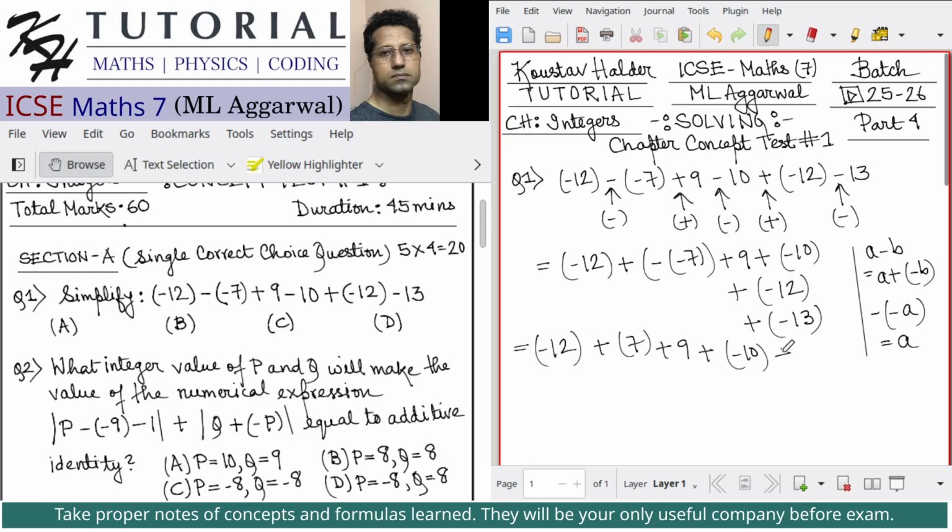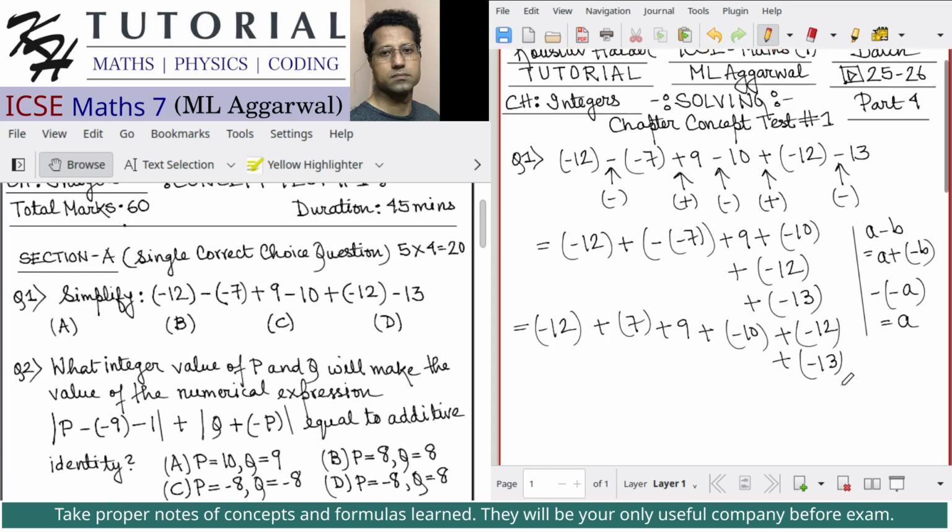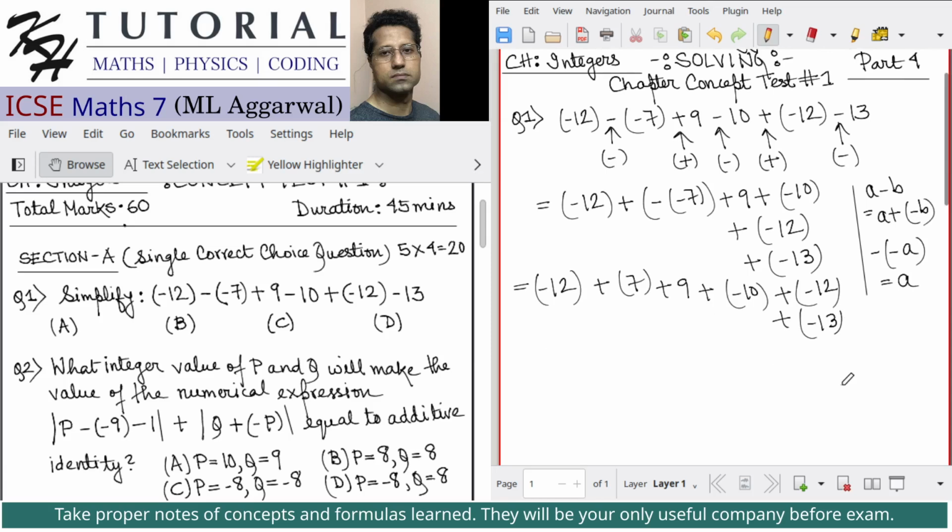So now we will group all the negative integers in one place and all the positive integers in one place, and we'll put the positive integers and the negative integers in separate brackets.